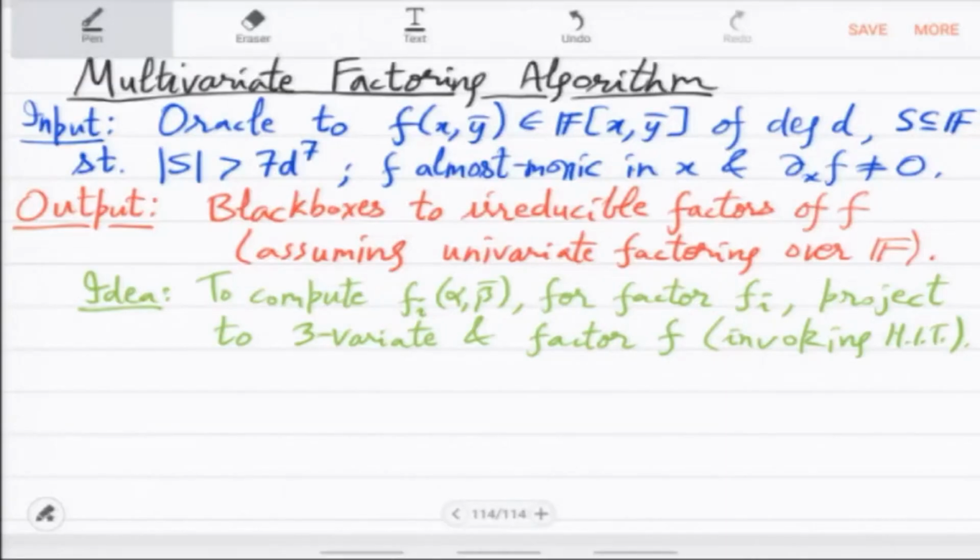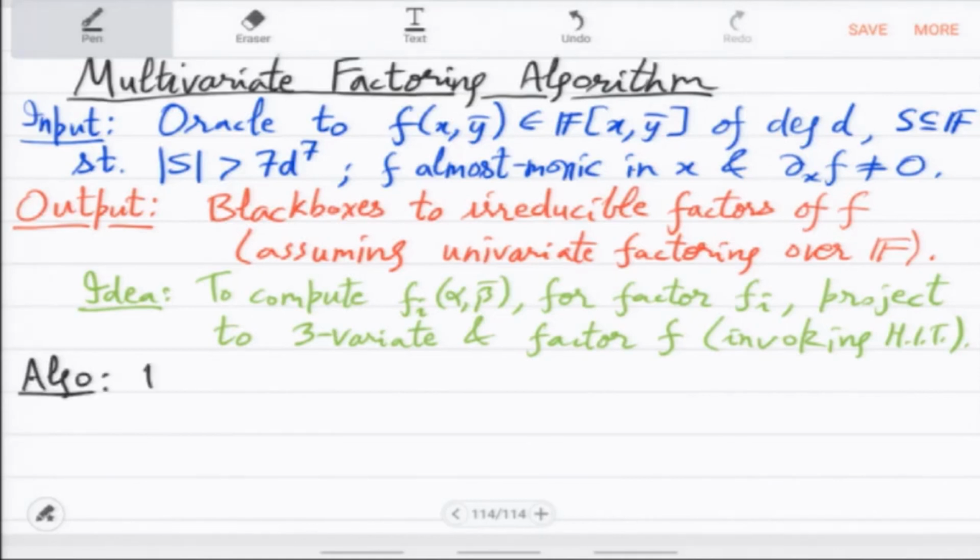So you will first project F using alpha, beta bar to trivariate, 3 variables, by Hilbert's irreducibility theorem. There will be a one-to-one correspondence amongst the factors. The 3-variate factorization you will do by the Hensel lifting method. You will get the projected Fi, and from that you will compute. We will see that you can easily compute Fi(alpha, beta bar). Okay, so let us implement this idea in great detail.